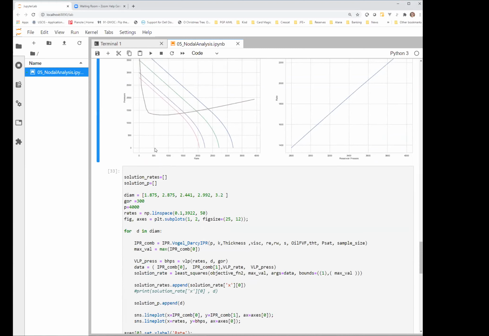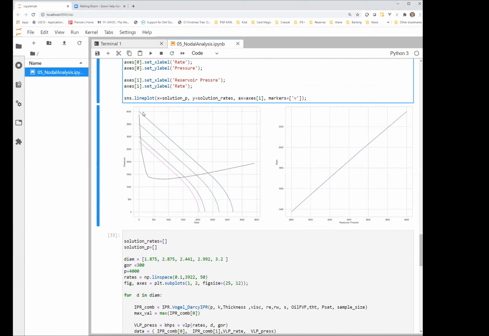However, as I mentioned in the other part, if we're going to do multiple sensitivities, imagine a case like this, when we have multiple IPRs and multiple VLPs. Writing this requires a little bit more tricks because we are in a permutation case.